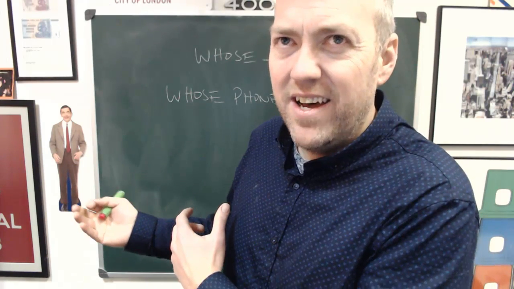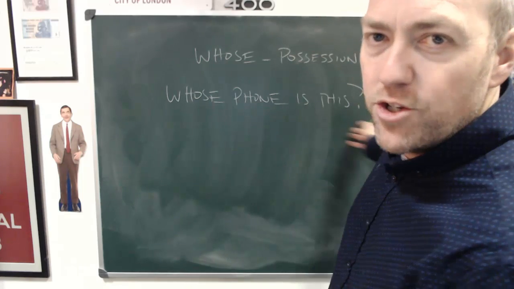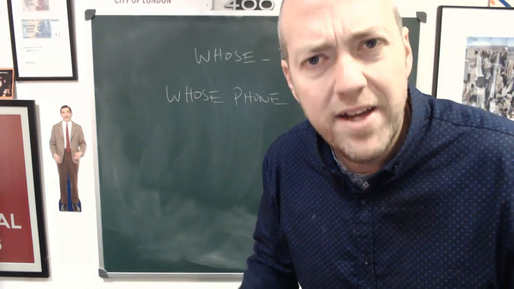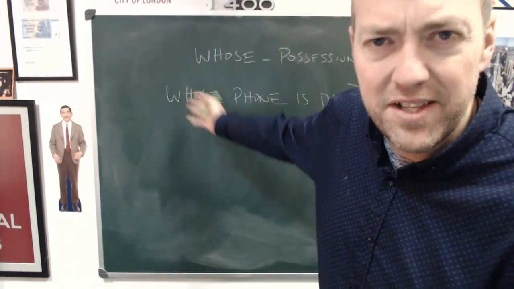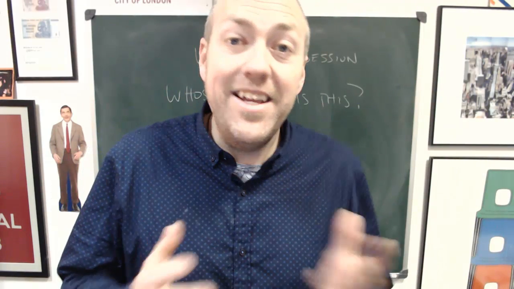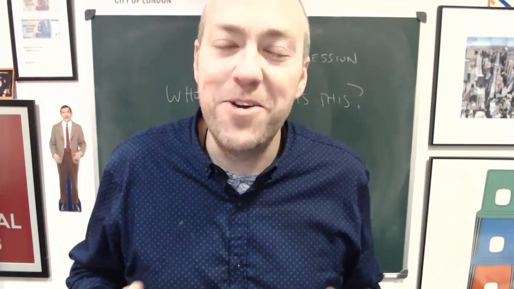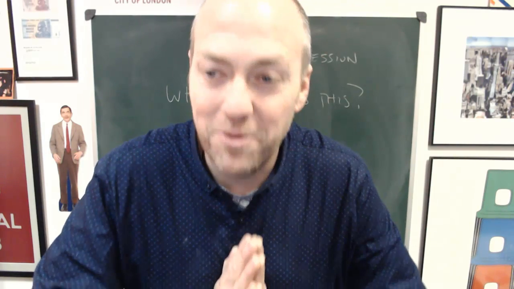So they would probably change this and say something like, "Who does this phone belong to?" To avoid using this word. But it's not dead like whom. So hopefully you understand the difference now, okay? Please tell me if you would like me to explain some more.